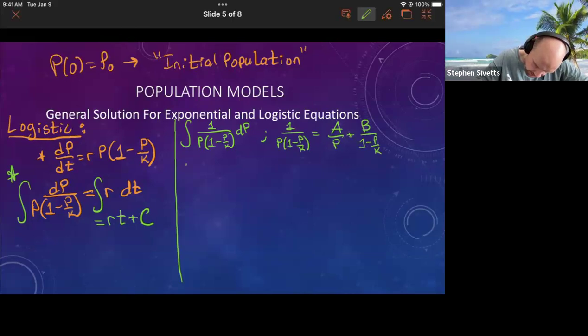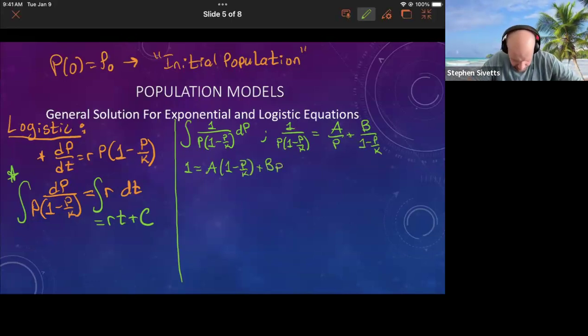And so from here, we'll have 1 is equal to A times 1 minus p over k plus B times p, and we're going to solve for capital A and capital B.